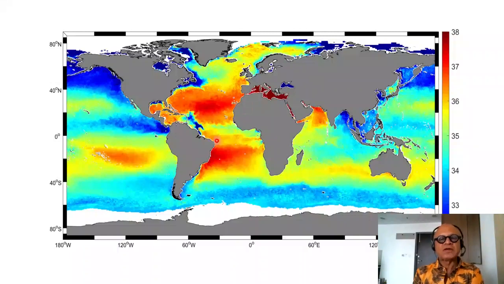So the mean conditions in the present climate are such that it's easier to form North Atlantic deep water, but similar deep waters cannot be formed in the North Pacific because it's just too fresh, even though it's much colder.